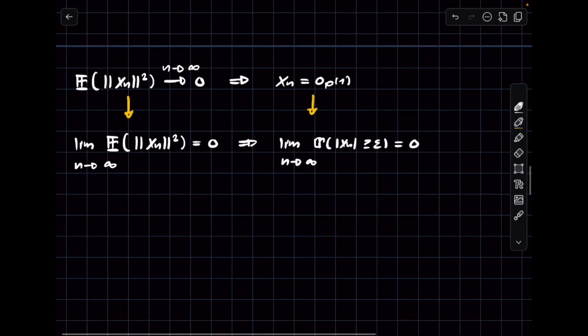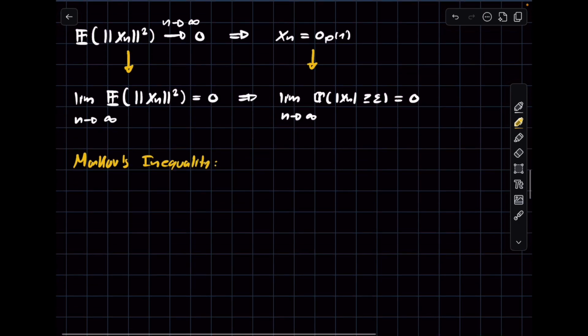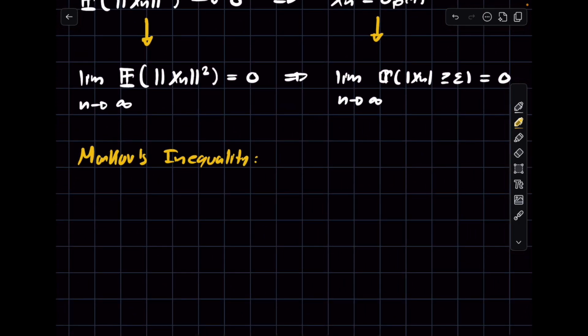Over here, we're going to use a really nice and cool feature called Markov's inequality. So let's write it here. Markov's inequality is really easy, it's really nice, it's like the best.